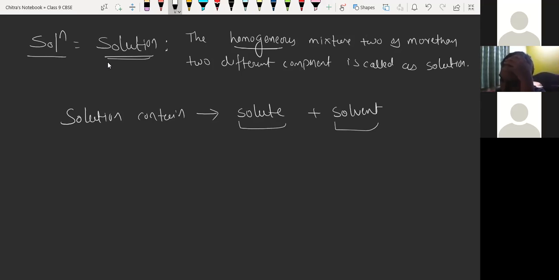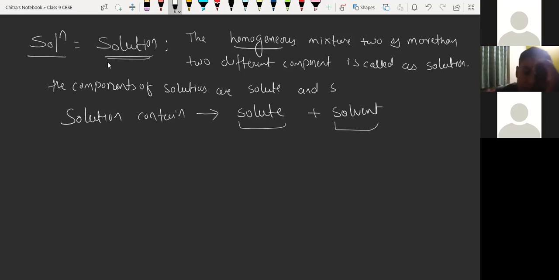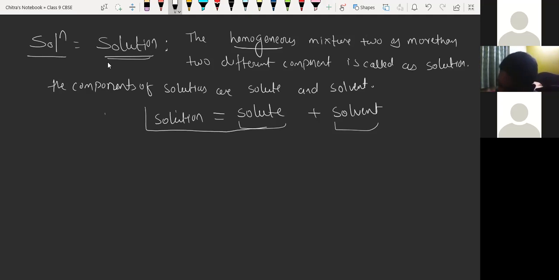So I'm writing here the components of solution are solute and solvent. Therefore I am writing here solution equals solute plus solvent. Okay, understood everyone?